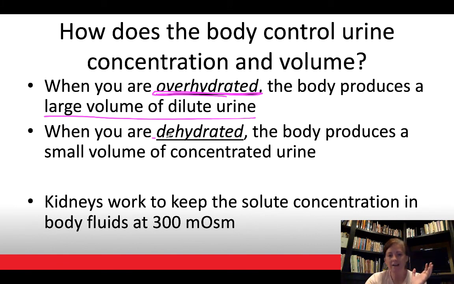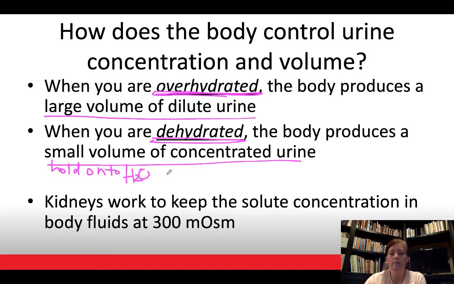If you are dehydrated, truly dehydrated, your body will take care of that too. So your body is going to produce a small amount of very concentrated urine because in this case, we're going to want to hold on to water, right? So we're going to reabsorb water, and the urine that results is going to be highly concentrated, and it's going to be just a little bit of it, okay?